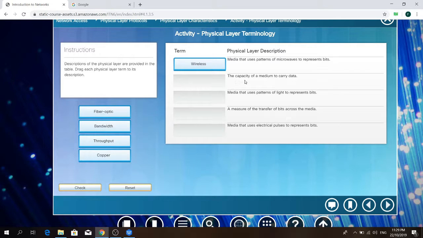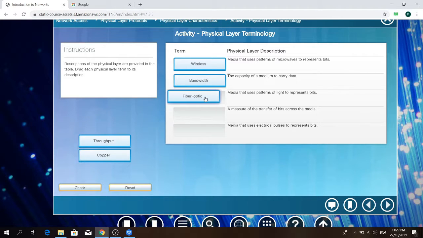The capacity of a medium to carry data. Media that uses patterns of light to represent bits. That's the measure of the transfer of bits across the media. That's the last.